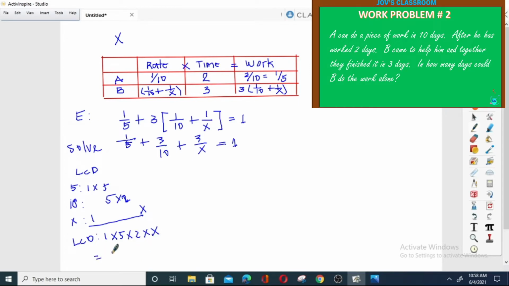That is why the LCD is 10x. All right, so multiply the term by the LCD, 1 over 5 plus 3 over 10 plus 3 over x is equal to 1.